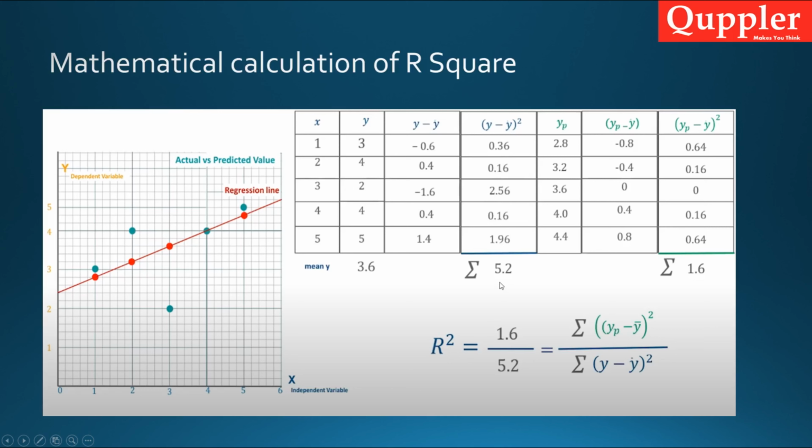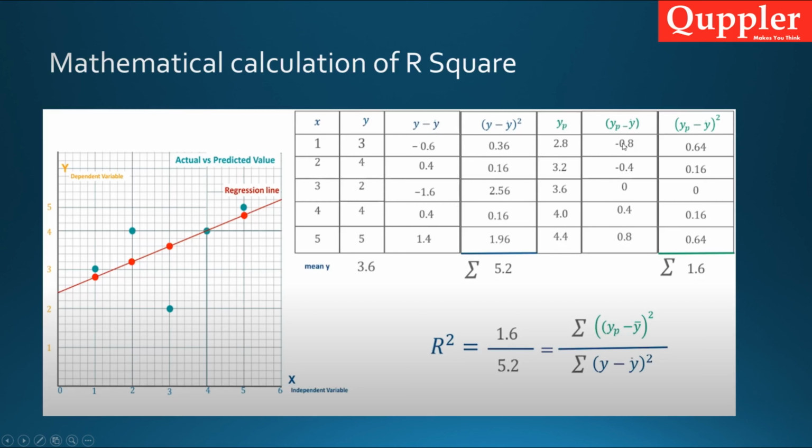Then, as we had calculated before, this is our yp, which is our predicted value, that is 2.8, 3.2, 3.6, 4.0 and 4.4. Similarly, to calculate the distance between the predicted value and the mean value, we do yp minus y bar, where yp is my predicted value and y bar is my mean value.